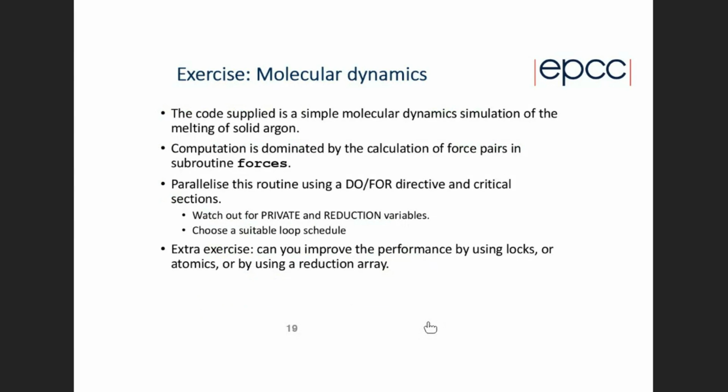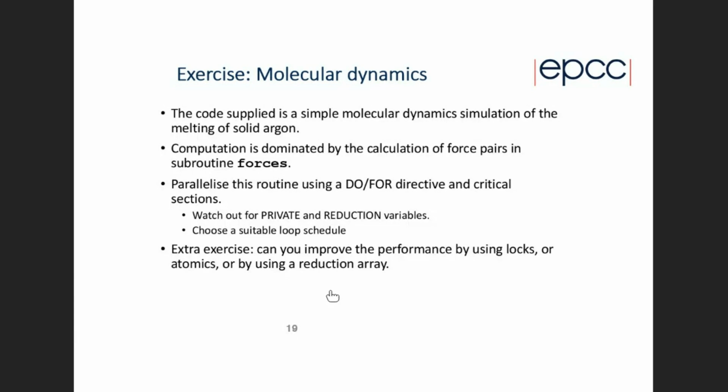So the associated practical exercise with this is, in fact, yes, a very simple molecular dynamics simulation. And so in this case, you can try using all these different forms of synchronization, actually. What I suggest you do is start off with critical sections, and then try using locks or atomics.